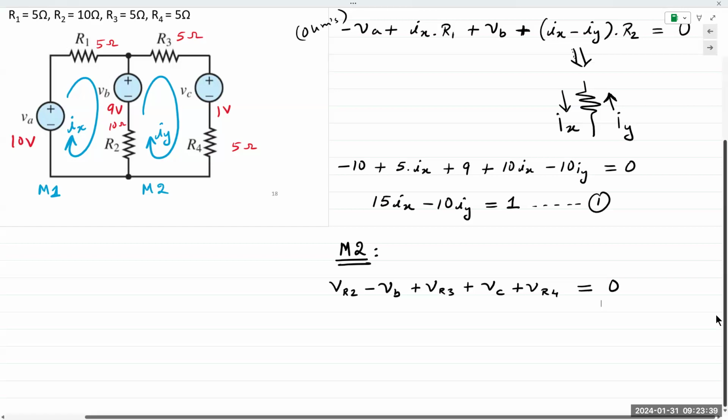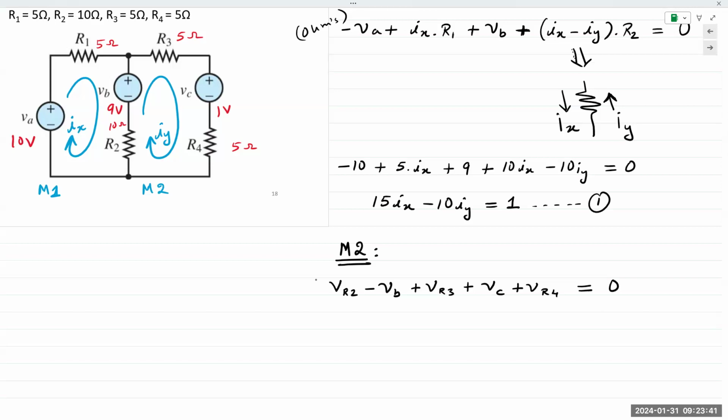Then apply Ohm's law. And from Ohm's law, now we are in mesh 2. So Iy is positive or negative? It's positive. So now VR2 becomes Iy minus Ix times R2.